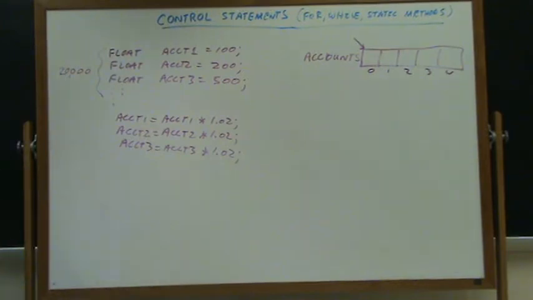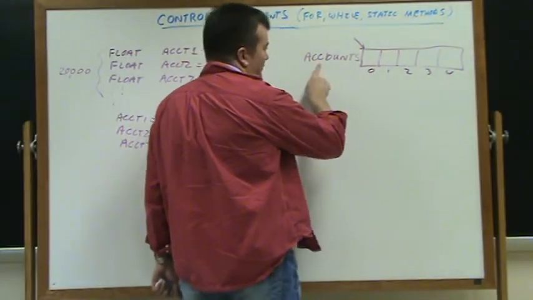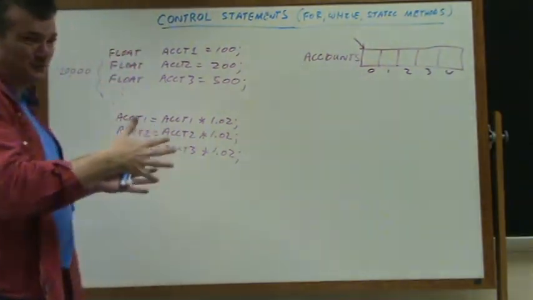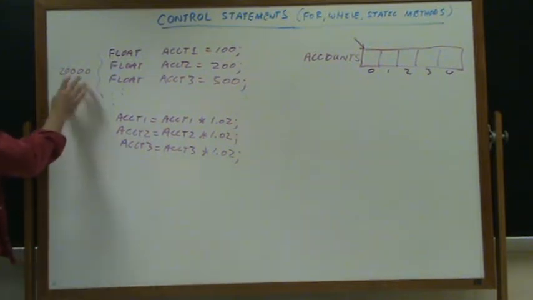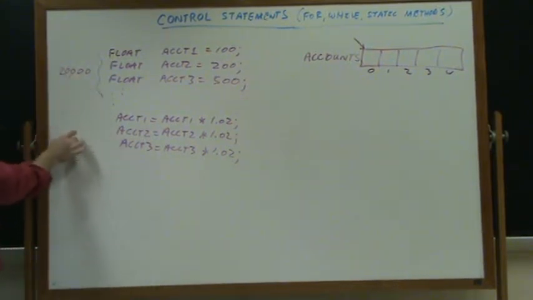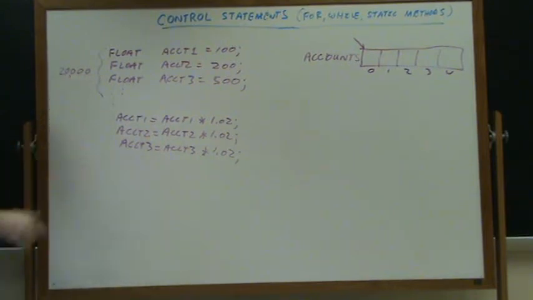So it's kind of a tradition, even though it might be more intuitive to say that if I have 10 accounts, they should be numbered 1 through 10. If you just remember that this gets added to the beginning, and the first one starts at the very beginning, we'll start with 0 and go through 9. Or if we have 20,000 accounts, we'll start from 0 and go through 19,999.